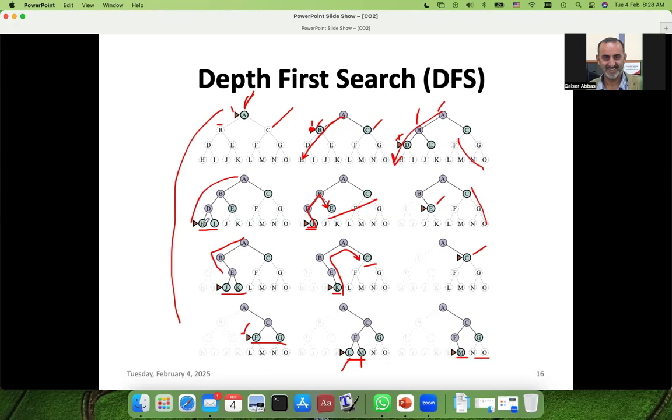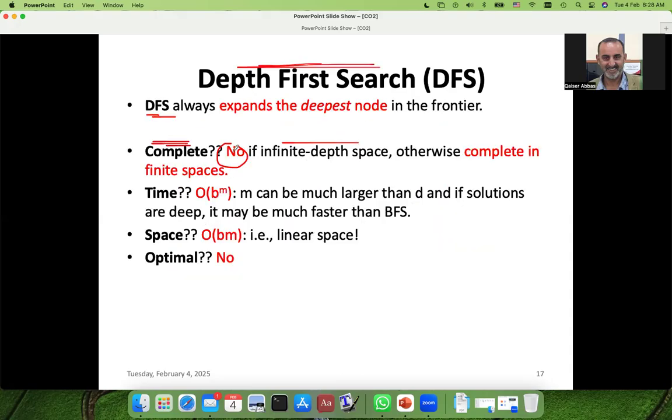These are called redundant paths, and then your algorithm will go into an infinite state of execution. That is called infinite state space. So DFS is not complete if we have an infinite depth space, infinite due to repetition. But if you don't have that repetition or infinite depth space, then you can call it complete, like BFS. That is also the same condition there.